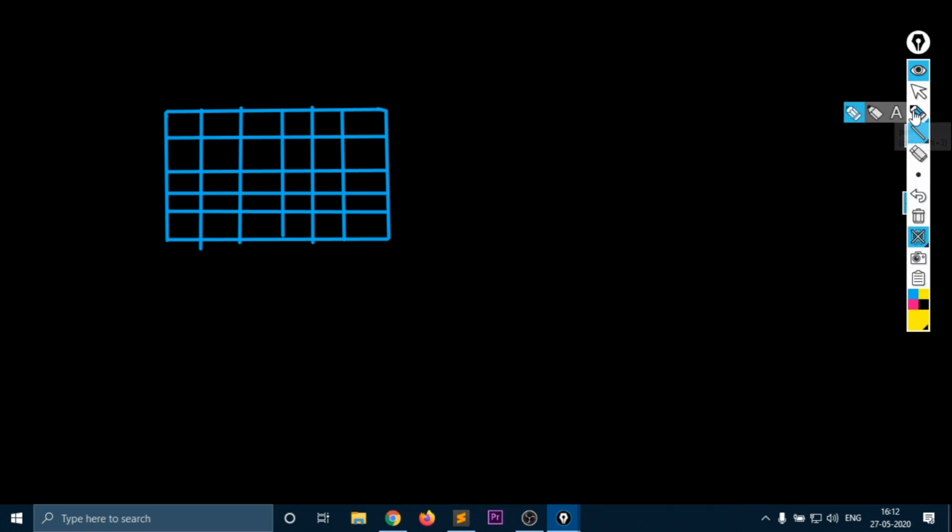What we have to do is light all these cells. Let's consider this example. We have to light this grid. These lines represented here are the streets, 1 2 3 4.